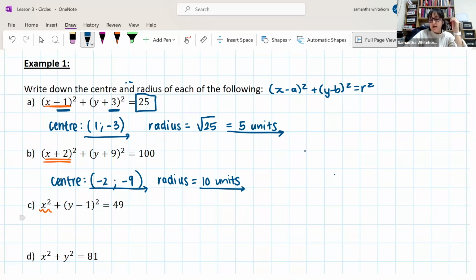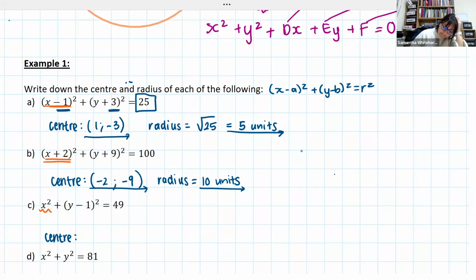So if you just have an x squared rather than a bracket of x plus or minus something squared, what does that mean about the x coordinate of your center? Nice, okay, guys. So you're looking at a 0 squared situation, or essentially boiling it down to the x coordinate is 0.